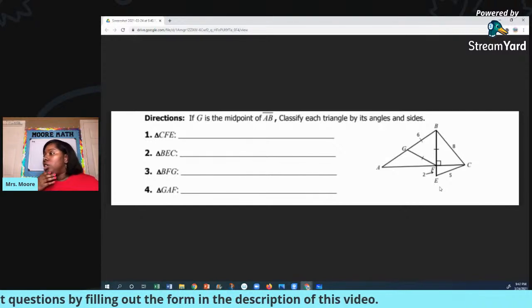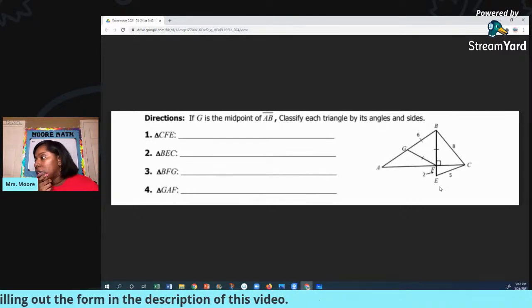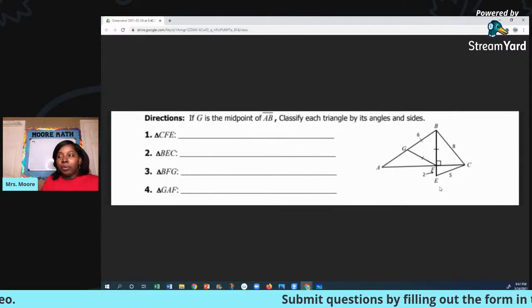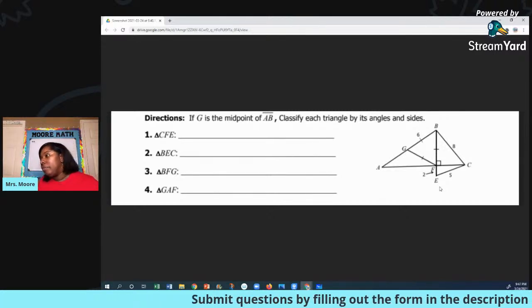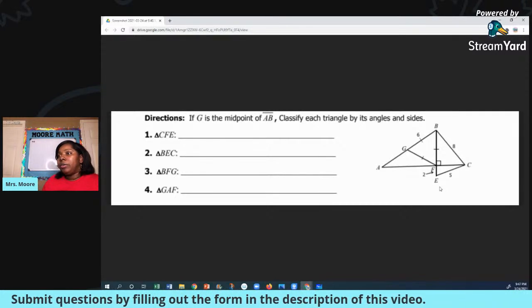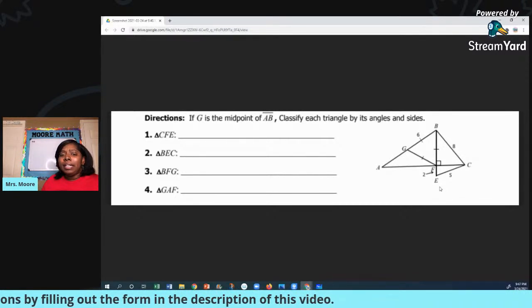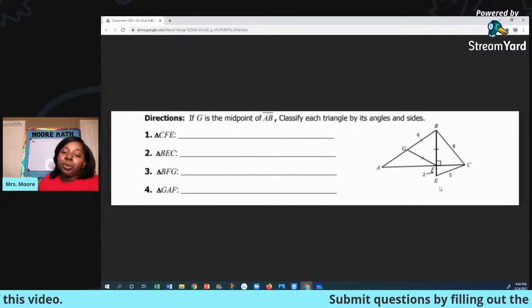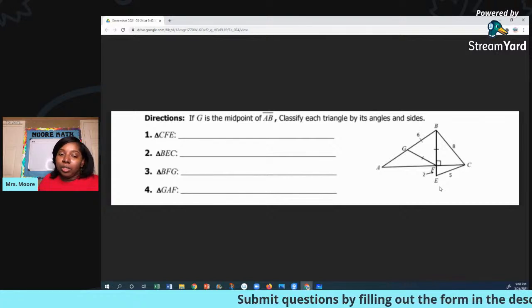Okay, so usually, let me just see. Usually isosceles triangle is 45, 45. But that doesn't look like a right angle. So let's see if we can figure out what the angle is. Now, do they want you to say what the angles are, or do they just want you to, I just realized what they wanted you to do.